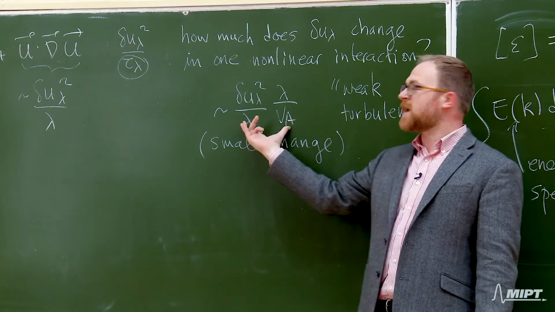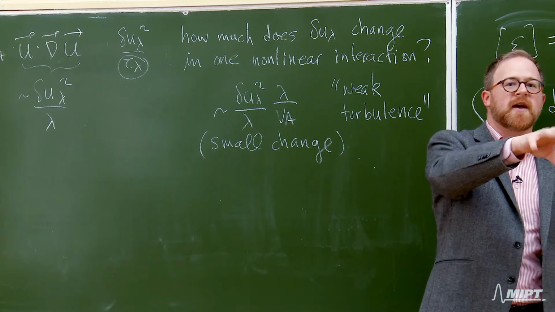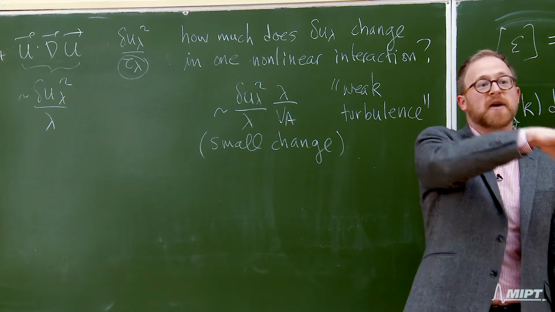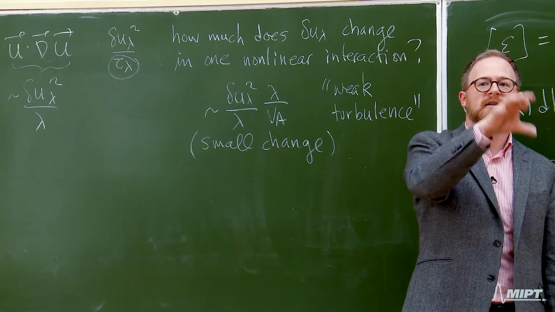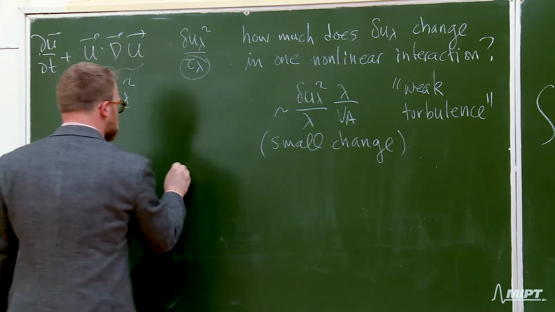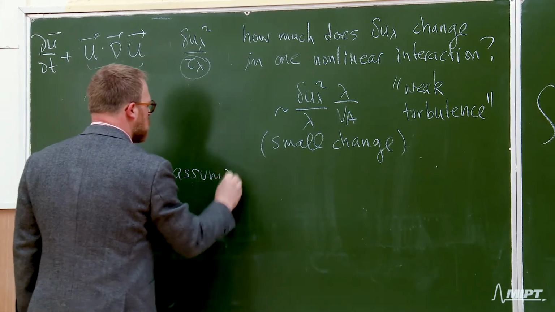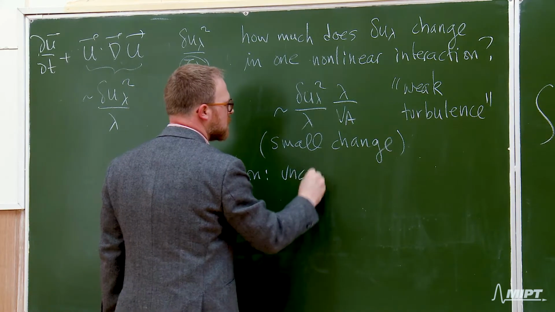That changes the wave packet by this amount. And then I'm going along further, and I meet another wave packet that I'm going to interact with. And the assumption is that every single one of these collisions is uncorrelated, that the subsequent interactions are all uncorrelated.